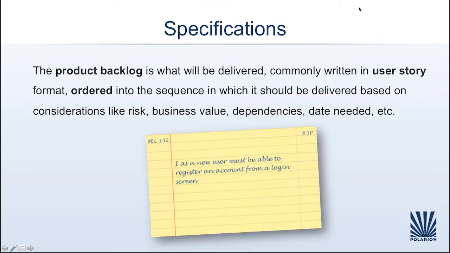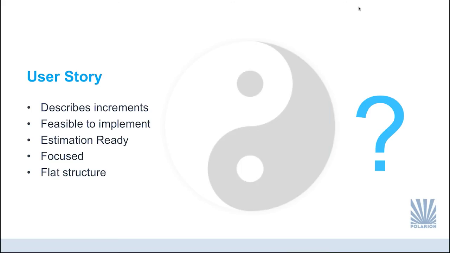The product backlog is what will be delivered, commonly written in a user story format, ordered into the sequence in which it should be delivered based on considerations like risks, business value, dependencies, and so on. It's critical to understand that the primary essence of a product backlog is that it is the core artifact that drives the development.